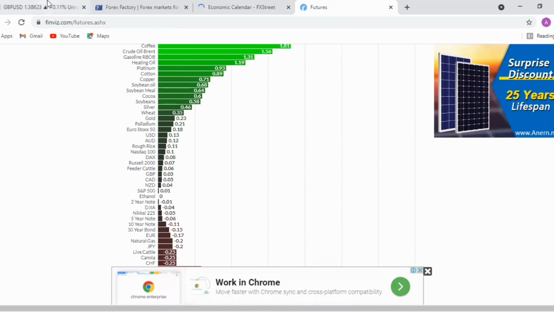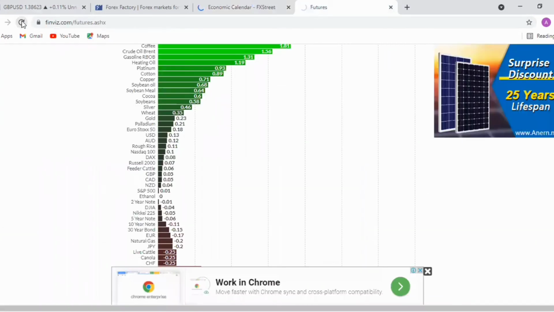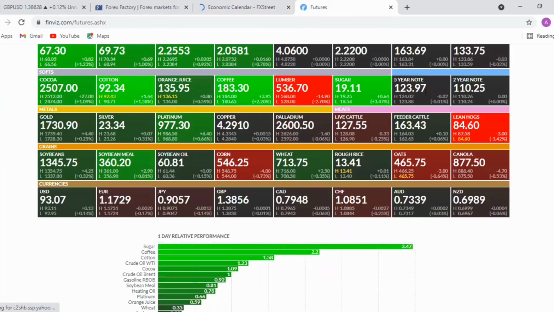So let's assume I'm trading GBP USD here. I'm hoping to see that the GBP is weak while the USD is strong. That confirms my sell for the day. Lets me know that, oh, I'm on the right track.